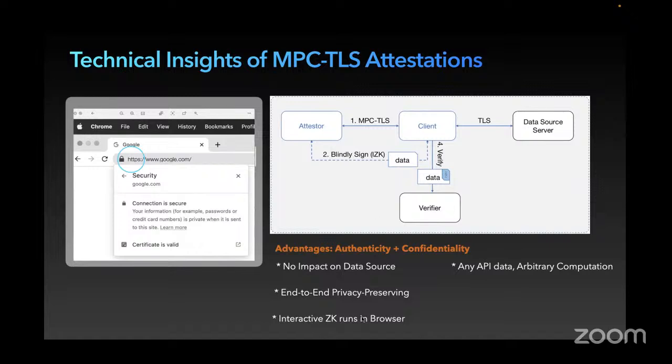The approach is also quite lightweight, meaning you can run it in your browser, and it supports arbitrary types of data sources with arbitrary computation, so you can prove almost anything, as long as the data comes from a certain API endpoint. So this is some basic knowledge about MPC-TLS.